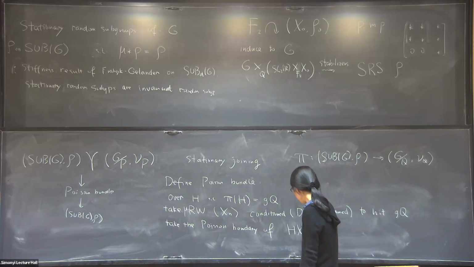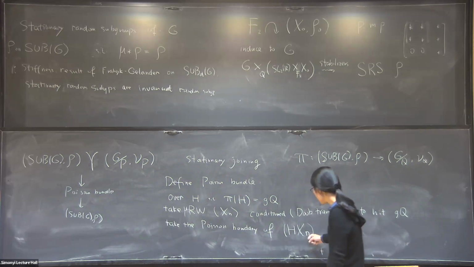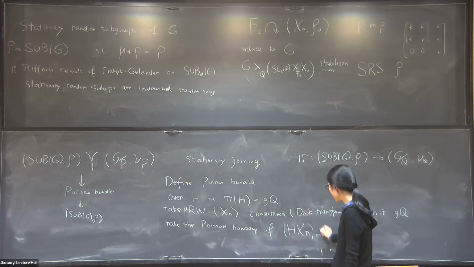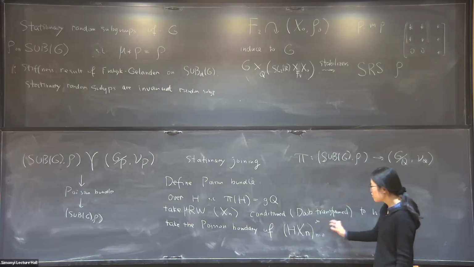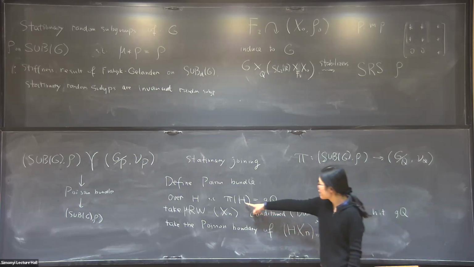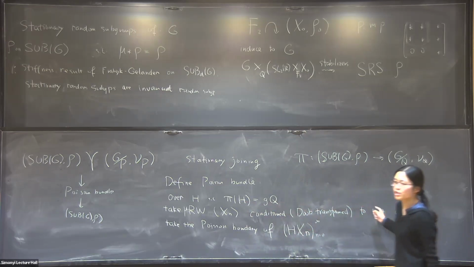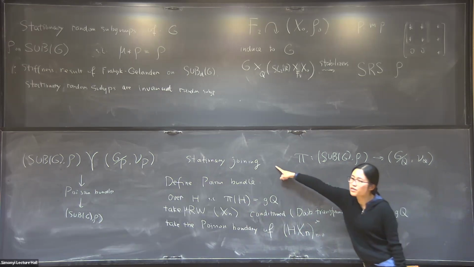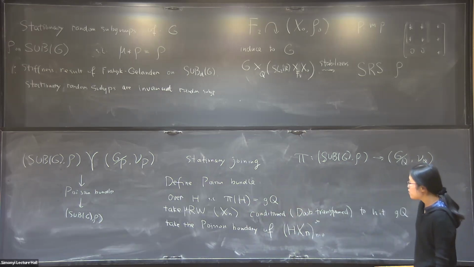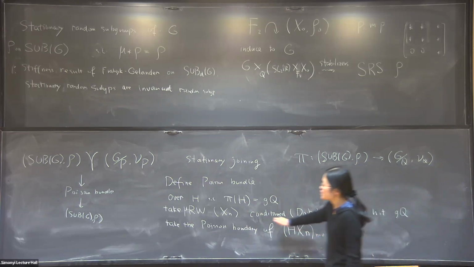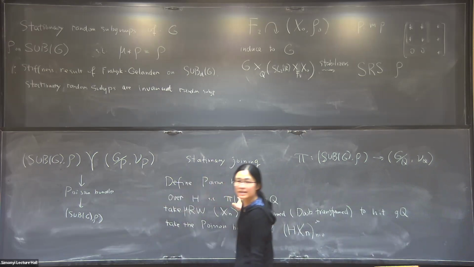The point here is that H and this trajectory x_n are not independent. They're coupled together so that when H sits above G mod Q, this random walk is made to go to G mod Q as well. That's what stationary joining does. So this is how the bundle is defined in this case.